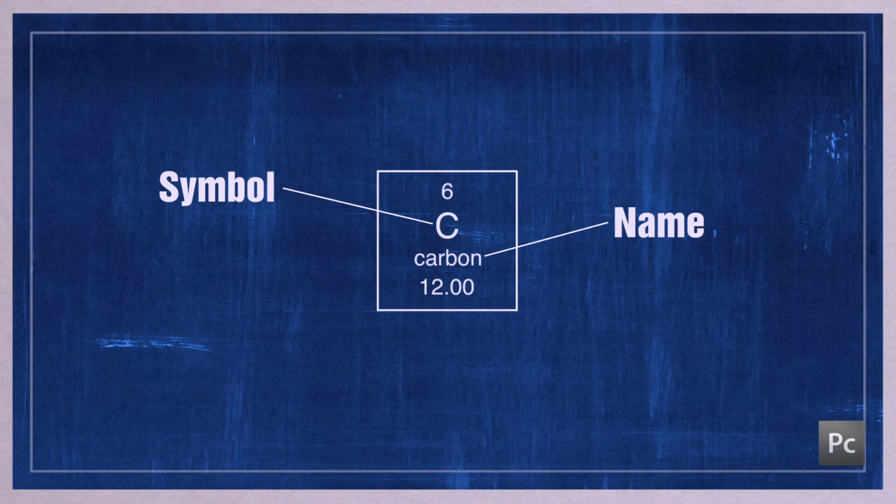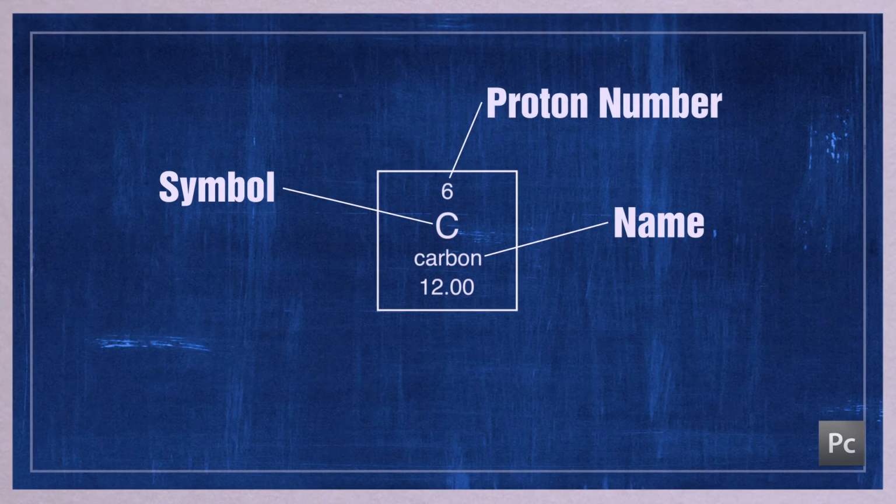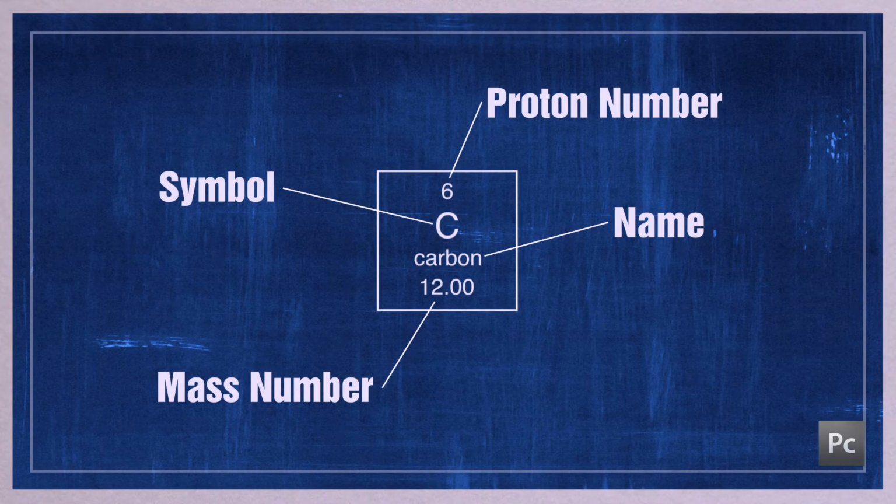The proton number is always the smaller of the numbers and the larger number of the two is always the mass number. Remember it like this. Mass numbers are massive. Now, in some books, the proton number is sometimes called the atomic number, and the mass number is called the nucleon number. I don't mind which one you remember.